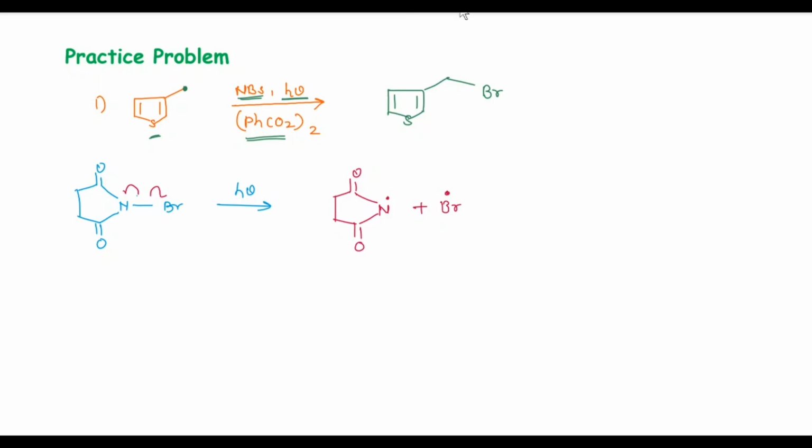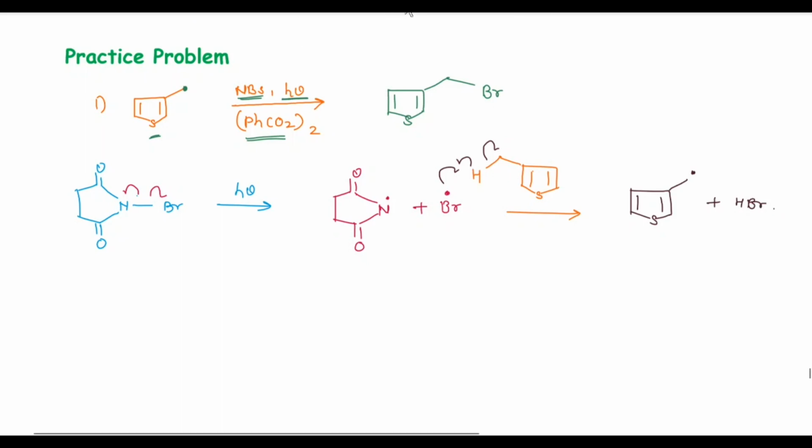This Br radical further reacts with, or abstracts, this hydrogen, and a new radical forms on this thiophene moiety, plus HBr.